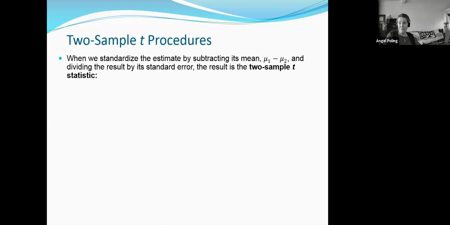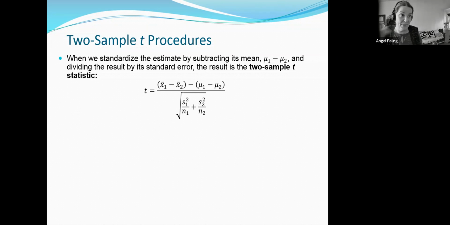So the two sample T procedures. When we standardize the estimate by subtracting its mean, mu2 from mu1, and dividing the results by its standard error, the result is the two sample T statistic. So get a load of this. That's why I was saying the difference of the sample means and the population means, right?